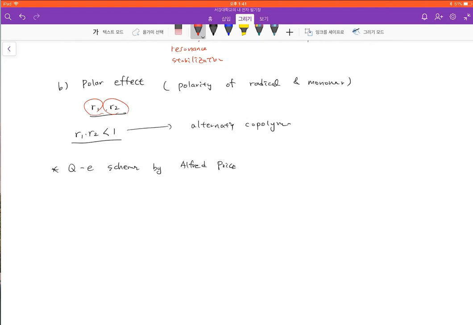What he did is simply, if you have information about r1 and r2, we can predict the polar resonance effect, and we can have guidance as to which kind of copolymer we would have.